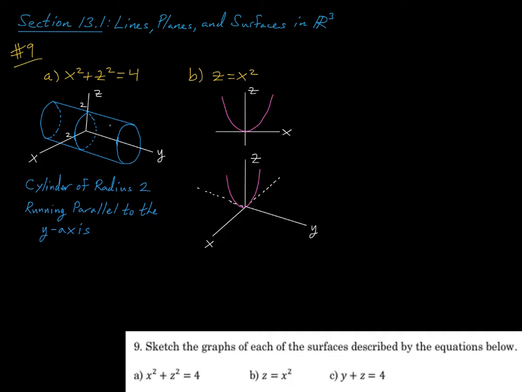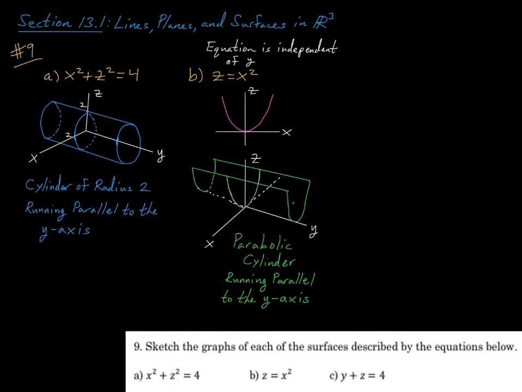And by the very same reason as in part A, if I take any point on this parabola in the xz plane, and then I let y vary, and I fix the x and z coordinates, all of those points will also be on our surface because, again, this equation is independent of y. So this gives rise to what we call a parabolic cylinder, right? So you can think of taking this parabola in the xz plane and then just taking copies of it as you run parallel to the y-axis.